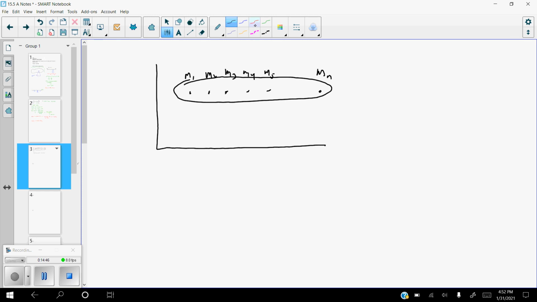And at some point, once again, you will have a fulcrum or a place where the center of mass would be located, because it would balance the entire thing. And that's where the center of mass would be located. And then you've got your location of your M2, M1, M4, M5, all the way out to Mn.